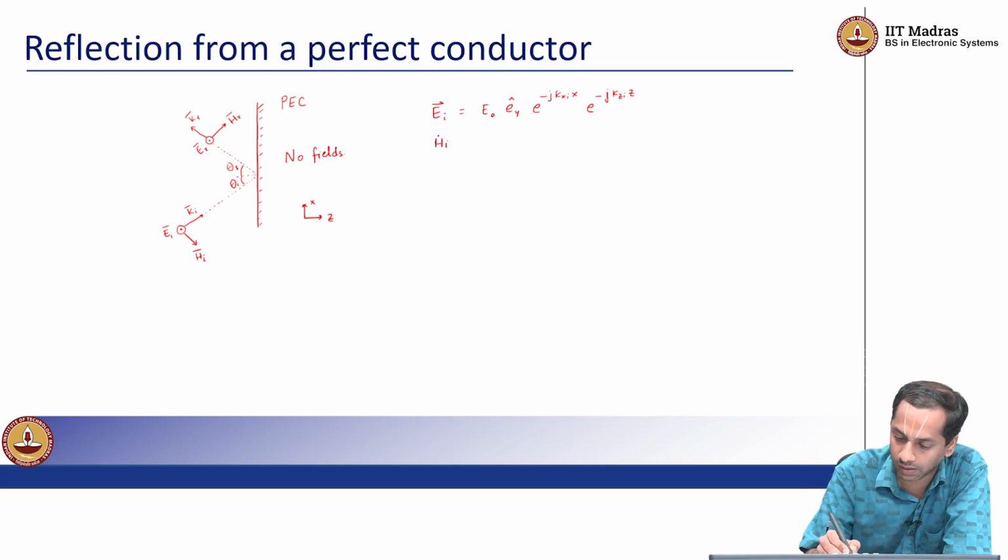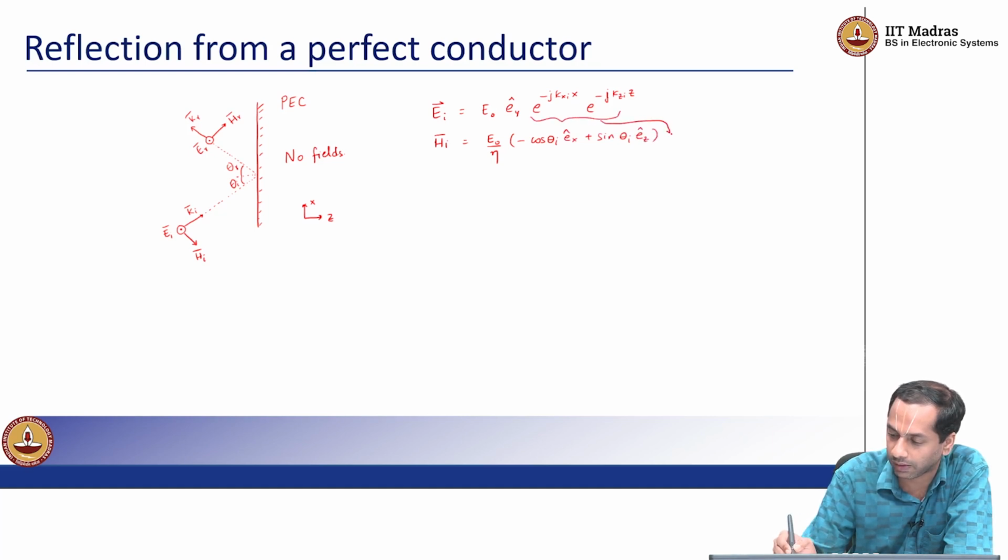So H_i is E0 by eta, minus cos theta i x̂ plus sin theta i ẑ, and the spatial variation term.